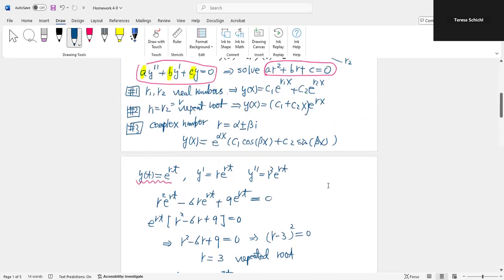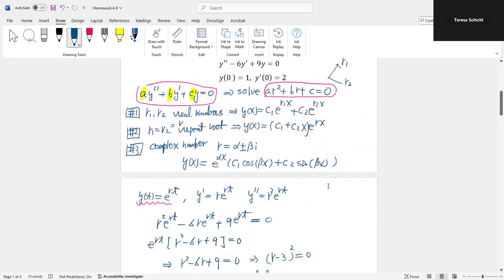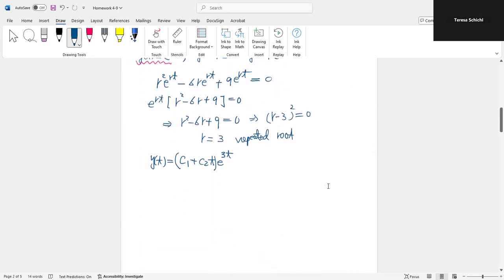Now I can substitute my initial values y(0) and y prime. Let's do y prime first. For y prime of t, I can use the product rule. The product rule is easy.